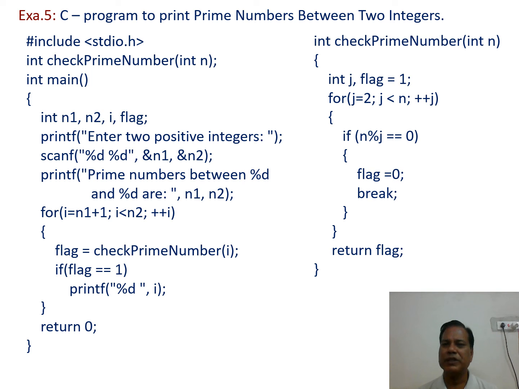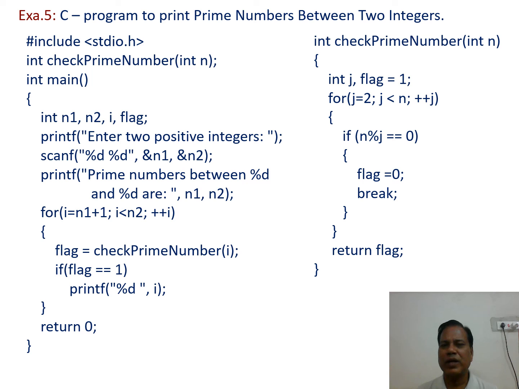When the function is called, the actual argument value, that is the value of i, is taken into the formal argument n. Then in the body of this function, int j, flag equal to 1. The first statement declares 2 integer variables simultaneously, and the value of flag is set as 1.